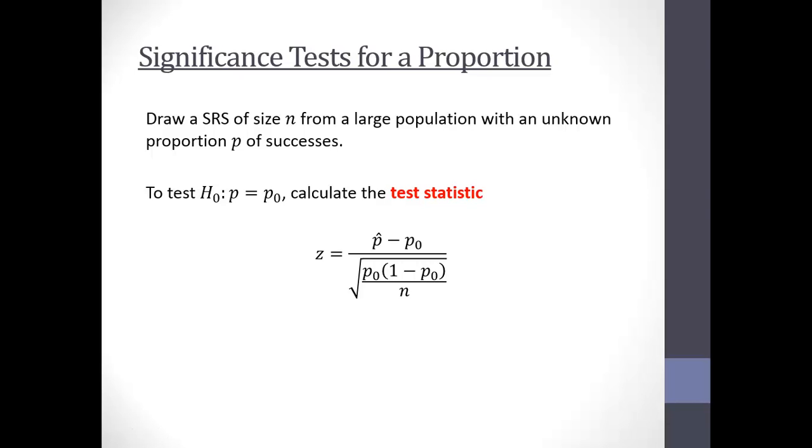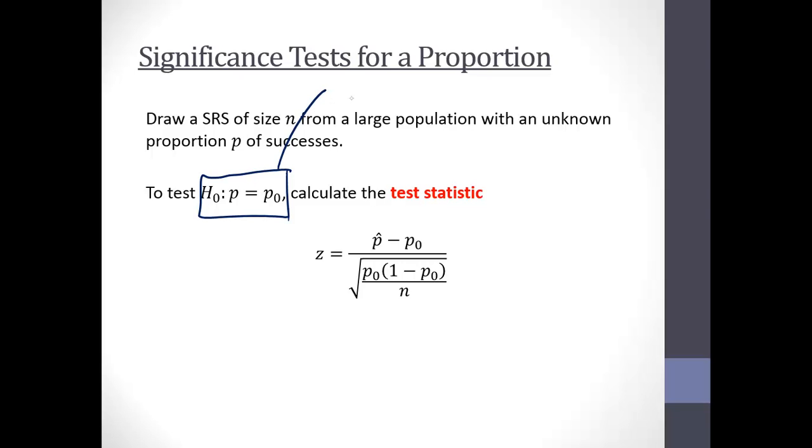Okay, so coming back to that idea of the test statistic we were thinking about a moment ago. The setup is that we have a random sample of size n with an unknown proportion of successes, and our null hypothesis is that the true proportion p is equal to some hypothesized value p naught, or p0.